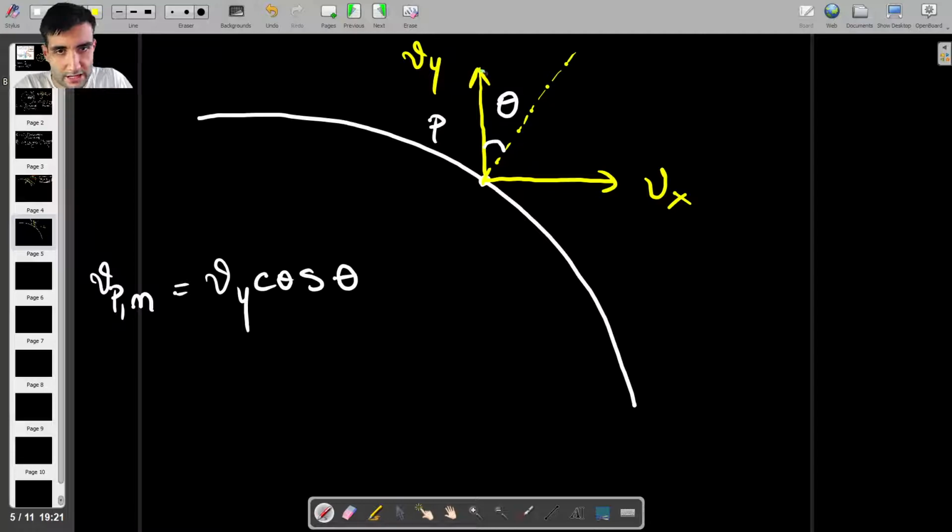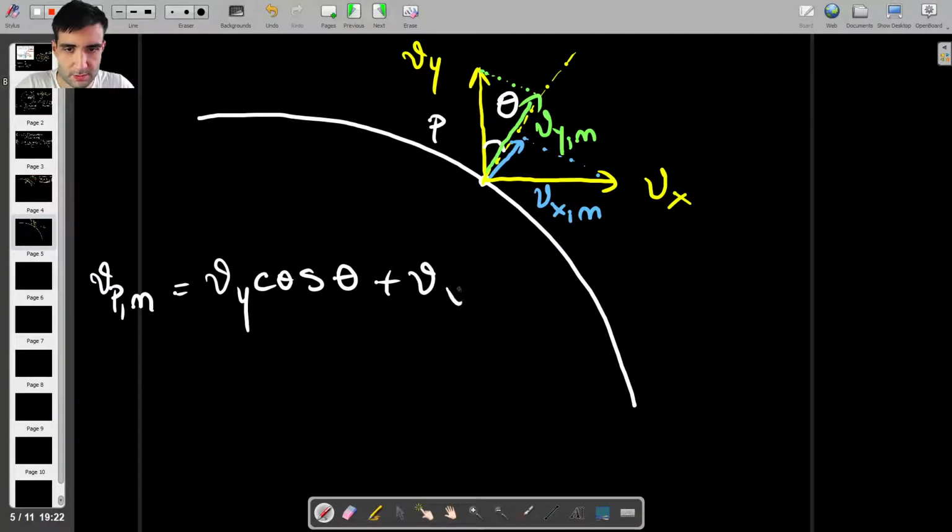Because Vy has a component along the normal direction, let's call it Vyn, and Vx also has a component along the normal direction, which is Vxn, and the two of them added together give Vn or Vpn. So this is going to be plus Vx sine theta.